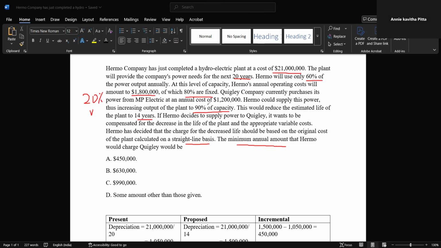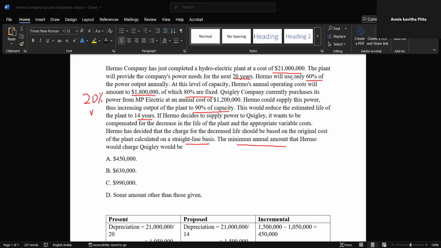Then, how much would they be willing to pay for this change is what is asked in the question. So the minimum amount that they would be paid would be whatever is the incremental cost on account of this change. Incremental cost. So we need to look into what would be the incremental cost.